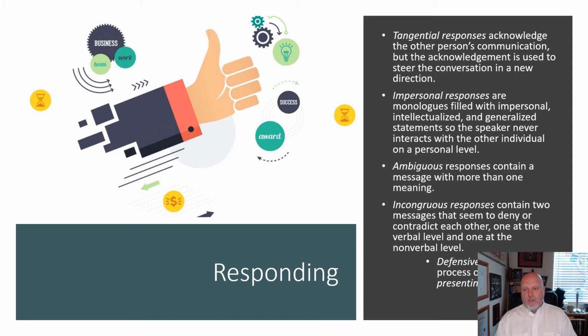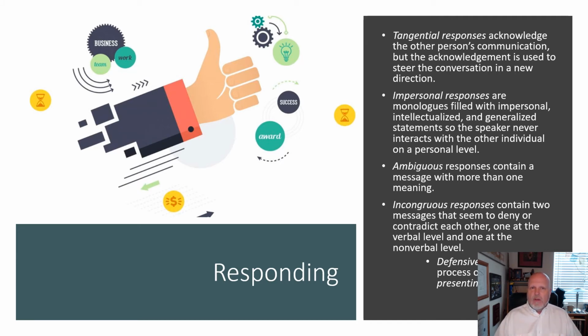Ambiguous responses contain a message with more than one meaning. We can see this when we were talking earlier about, if I say, hey, let's go to the bank, it might be the bank where the money is or the bank where the water is. It all depends.